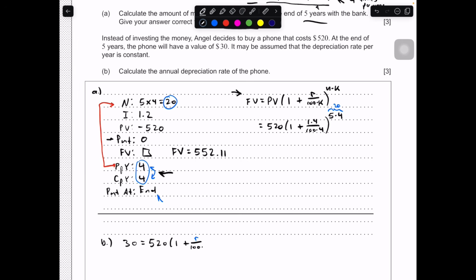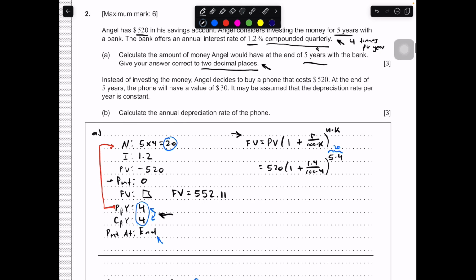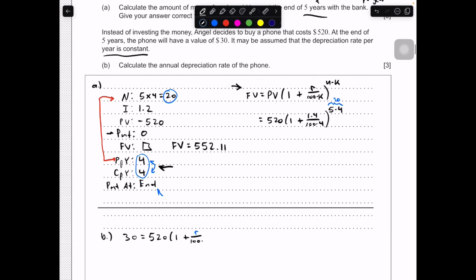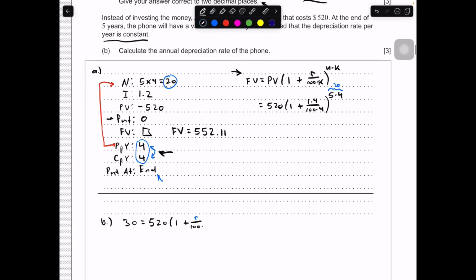Over 100 times, in this case, the depreciation rate per year is constant. So it's not like we have any kind of compounding or fractional compounding per year. So we're actually just going to divide our rate by 100, and we're not even going to need any K value. And then N, the number of years, is 5.